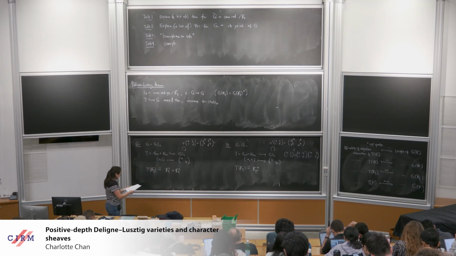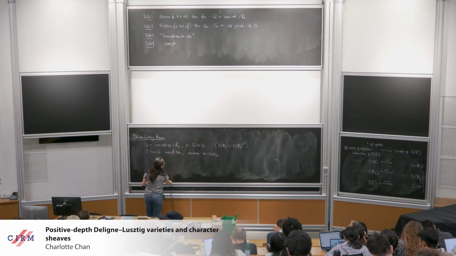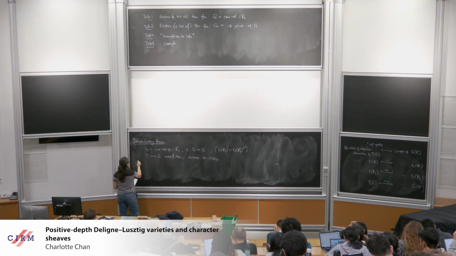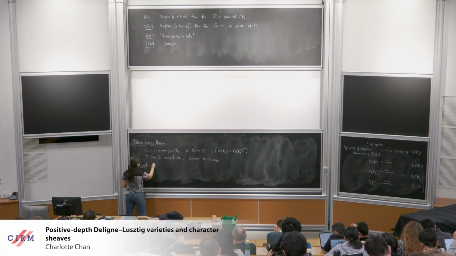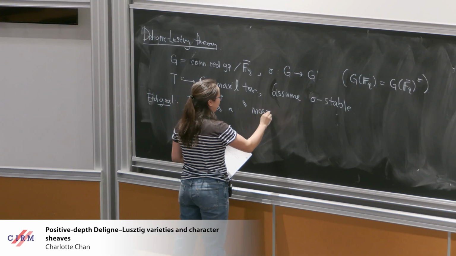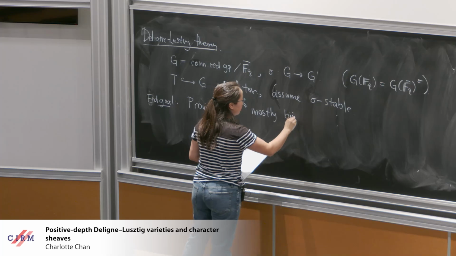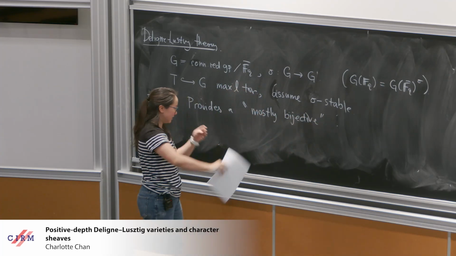Okay, so the point of Deligne-Lusztig theory, the idea here or maybe the end goal, is that this provides a mostly bijective map. Mostly is why there's two stars over there.